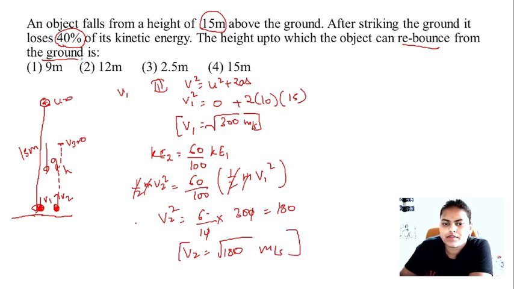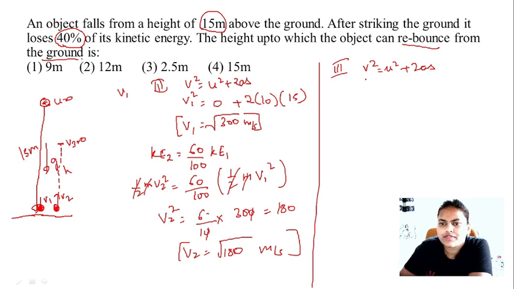This is the velocity. To find h, we again can use the third equation of motion, which is v square is equal to u square plus 2as. In this case, the final velocity is 0 and the initial velocity is root of 180, squared, plus 2a. Acceleration in this case is in the downward direction, and the motion is in the upward direction.